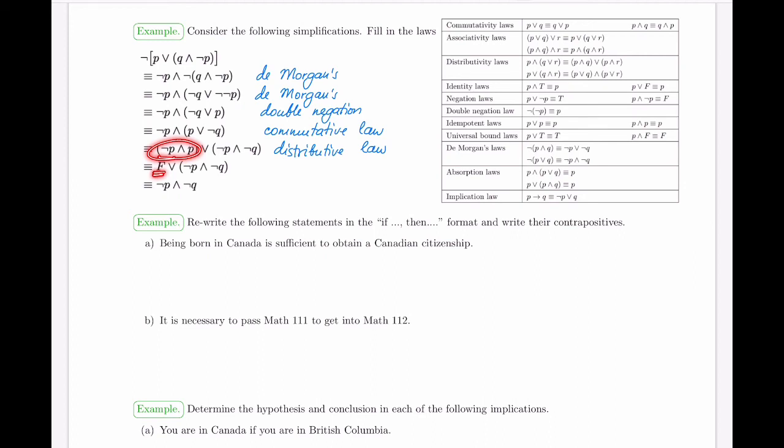And the law that corresponds to that in our table is the negation law. And then finally, the last line here, we went from false or something just to that something. And the law that allows us to do that is this identity law right here.